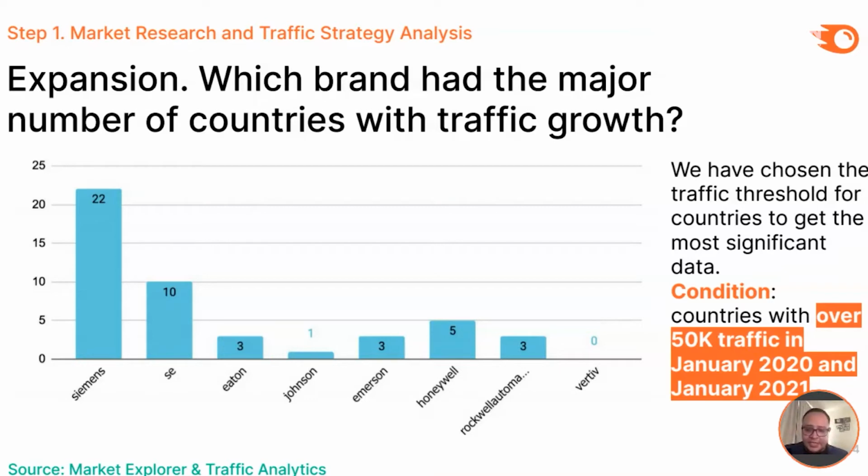Doing that, we already have 22 countries competing with Siemens, 10 countries competing with Schneider Electric, and with Eaton only 3 countries. We have already our winner. 22 countries competing for our own chunk of the industry with Siemens, and 3 with Eaton only. Then Honeywell with 5 countries.